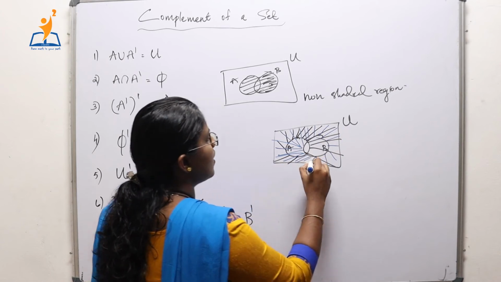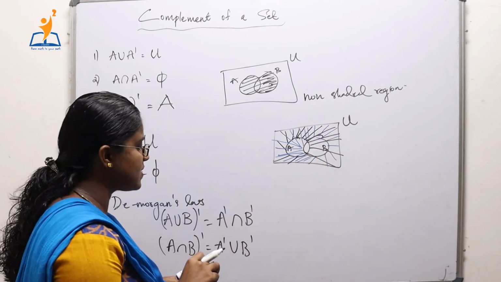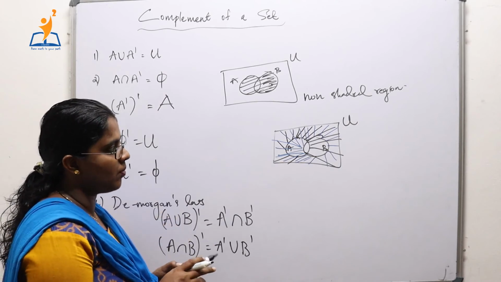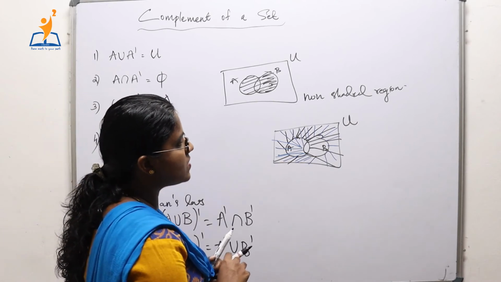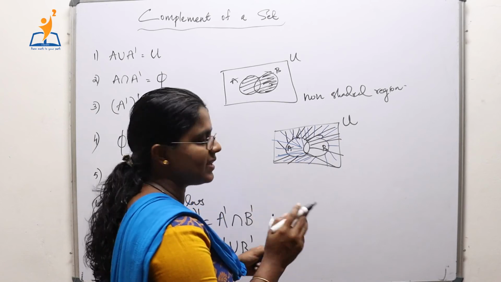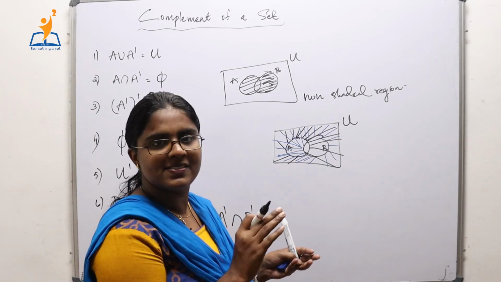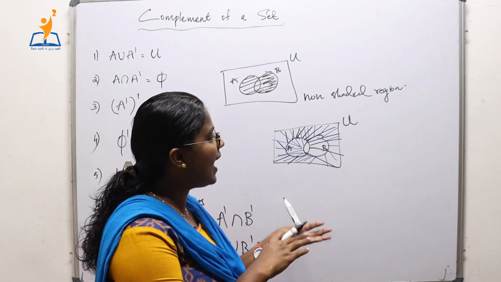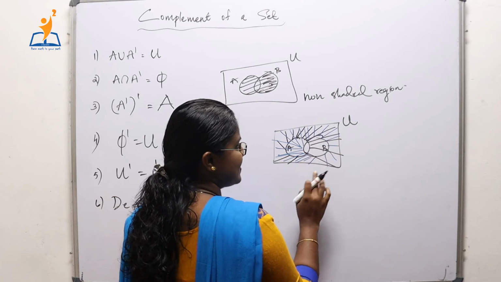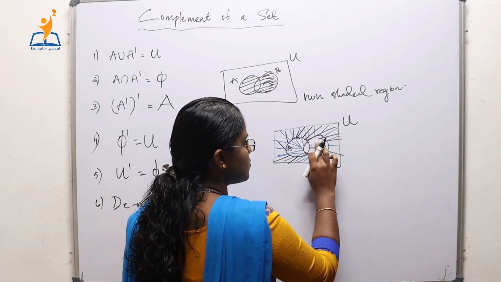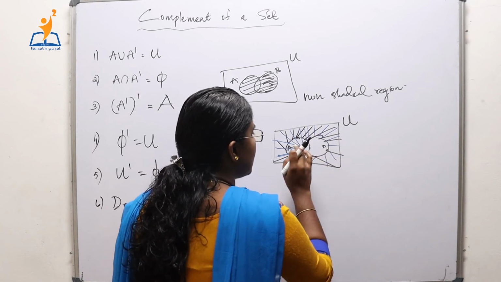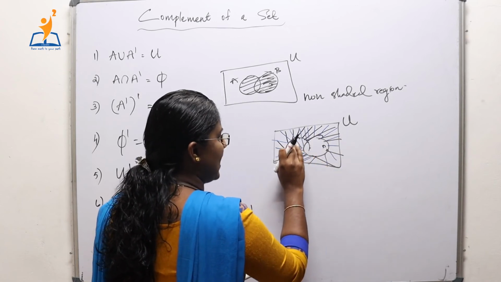So we want the intersection of A complement and B complement. Which is the region of intersection of both? That is, what is the region where we have both blue lines and black lines? Here we have only black lines, right? So we are removing those black lines. And here we have only blue lines, right?